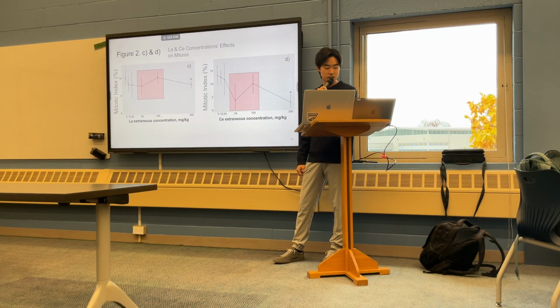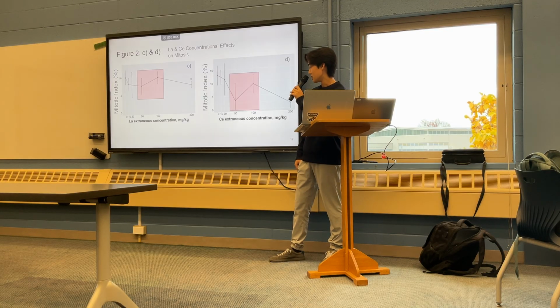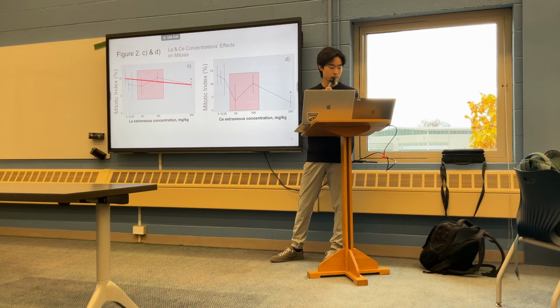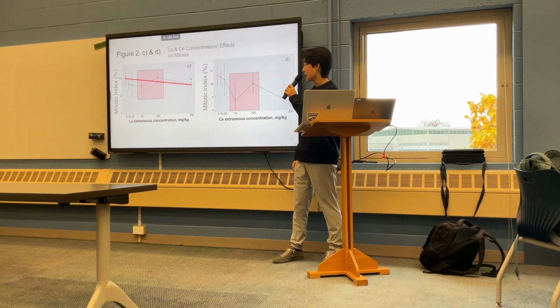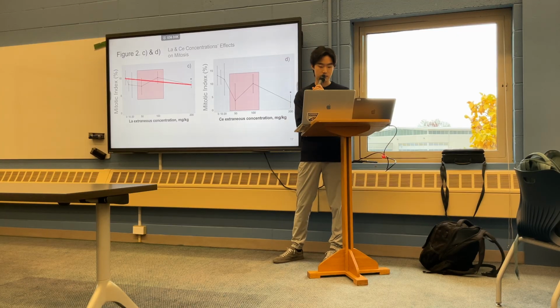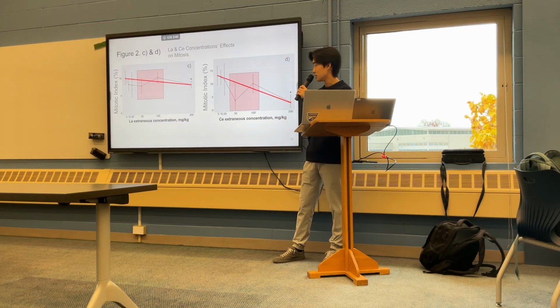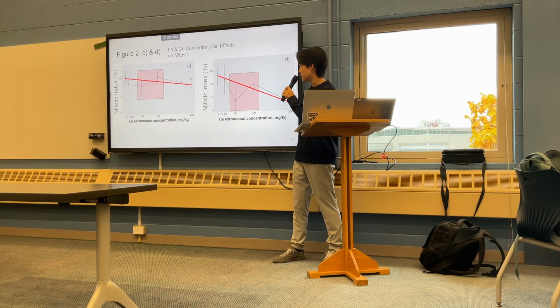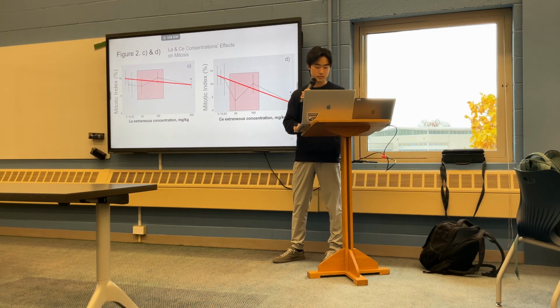And the same goes for cerium. So in both lanthanum and cerium, the same slight increase is observed from 50 to 100 milligrams per kilogram. However, the overall trend is still slightly negative, showing that the rare earth elements inhibit mitosis and the number of cells in mitosis decreases.